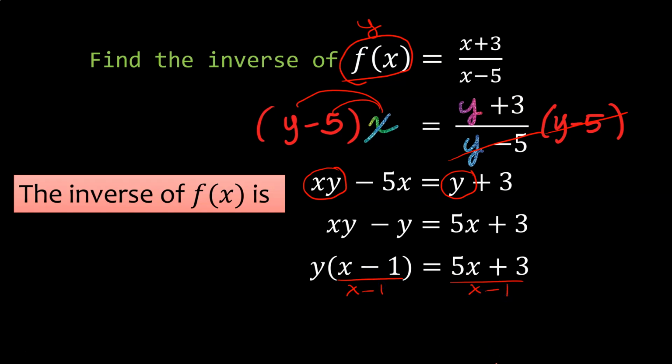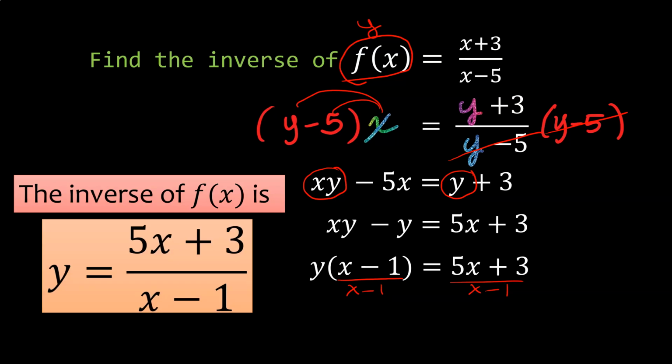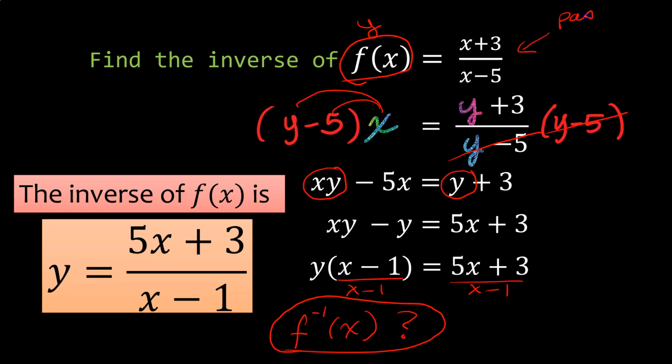The inverse function is, oh, actually, I couldn't say yet the inverse function. I can say that the inverse of f of x is this. Now, when do I use the f inverse of x notation? When I have gone and confirmed that this right here passes the horizontal line test.